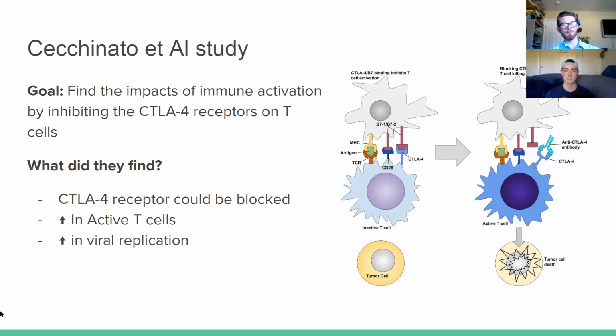And this just creates a massive influx of infected cells and viral concentration within the body. So they found that when the CTLA4 receptor is blocked by HIV, T cell count went way up, and so did viral replication.